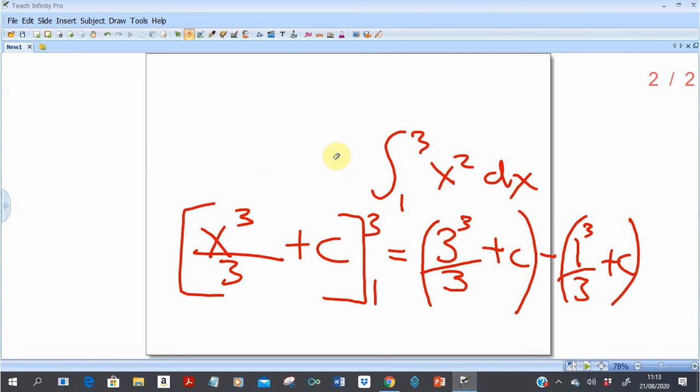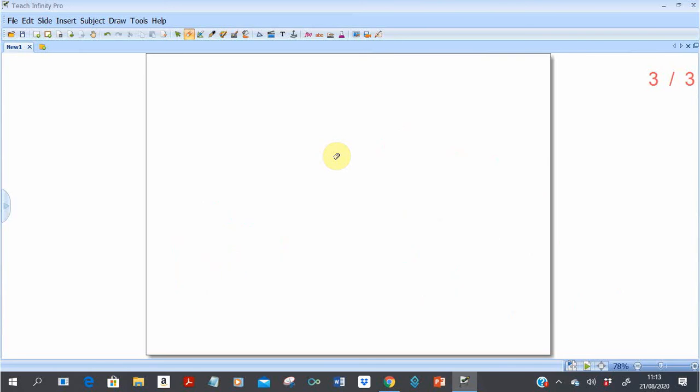So actually, let's just look at the next one. That just gives us 3 to the power 3. Remember the laws of indices? 3 to the power 3 over 3 plus c. So this is just the same as what? You have the same base. This is raised to the power 1.